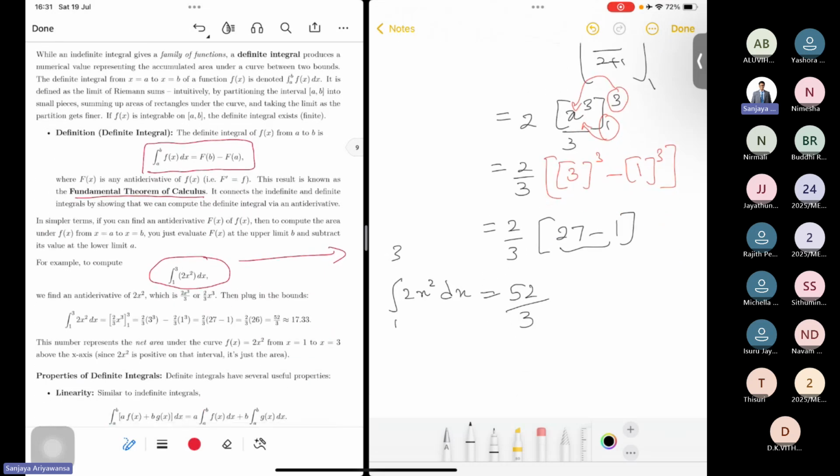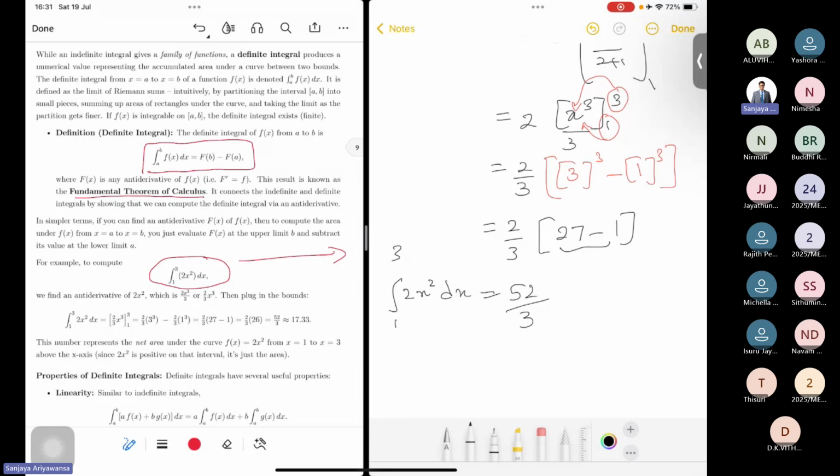So the difference between what we're doing now and what we did before is that here we are given an interval in which you have to integrate. Therefore, you don't get that constant value. Why? Earlier we got the constant value because you get a family of functions, and if you differentiate it, you get the integrand, and therefore if you integrate it, you get the antiderivative with the constant.